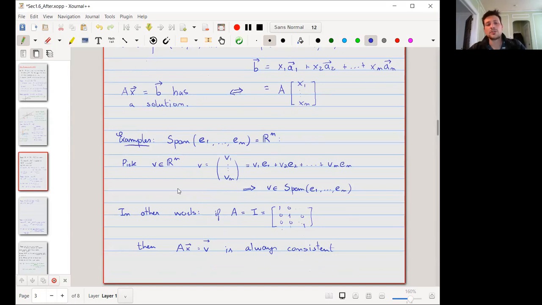The reason why that's true is that for any vector in Rn, I can write that vector by explicitly writing out its components, v1 through vn, but then I can just write the vector (v1, ..., vn) as a linear combination of the standard vectors, each one rescaled by the corresponding component of the vector.